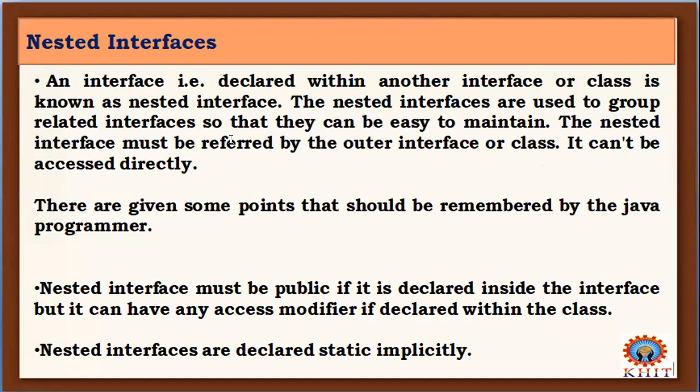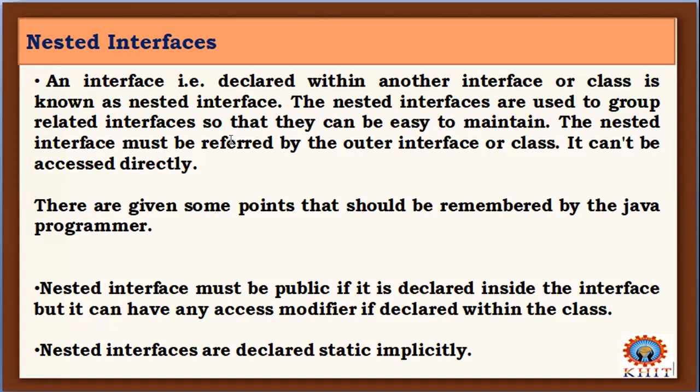Okay, so that is the definition given. An interface declared within another interface or a class is known as a nested interface, right? The nested interfaces are used to group related interfaces so that they can easily be maintainable. The nested interface must be referred by the outer interface or a class.